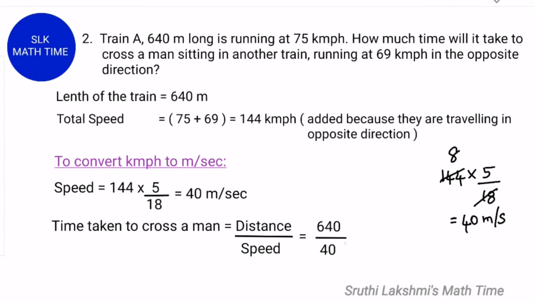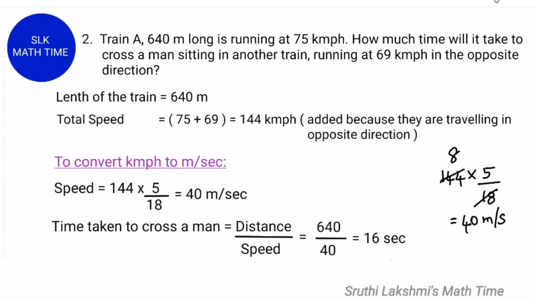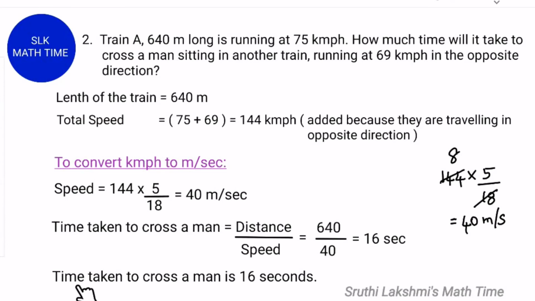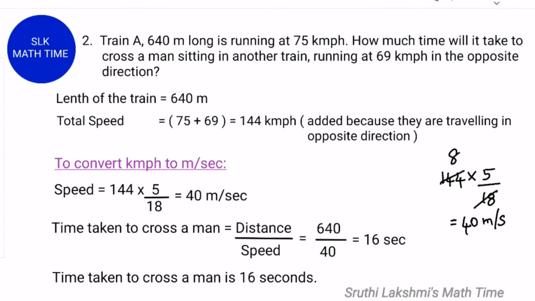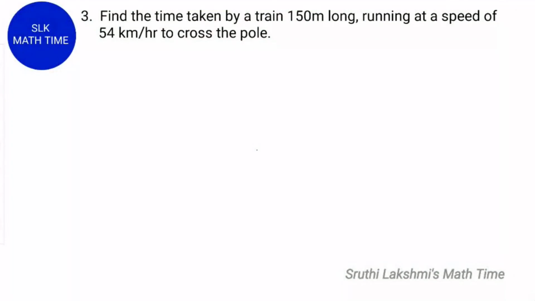So 640 meters divided by 40 meters per second is 16 seconds. So the train takes 16 seconds to cross a man sitting in another train, which is going in the opposite direction. Let's see one more example.